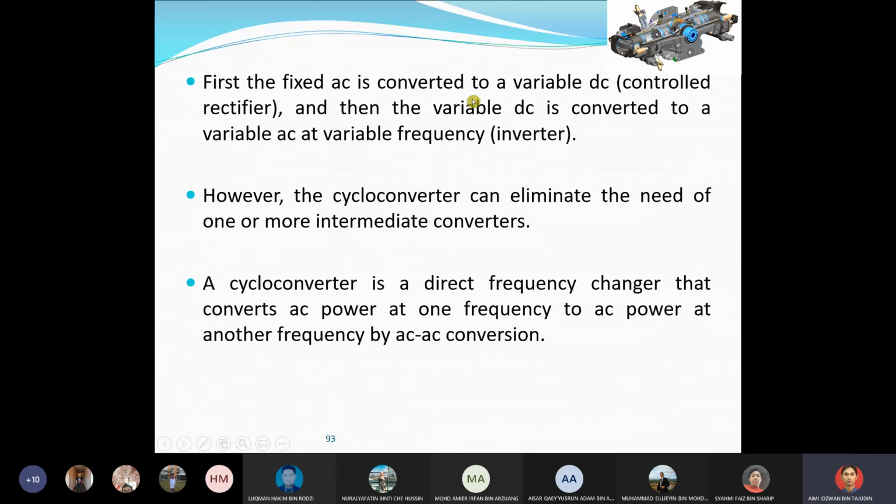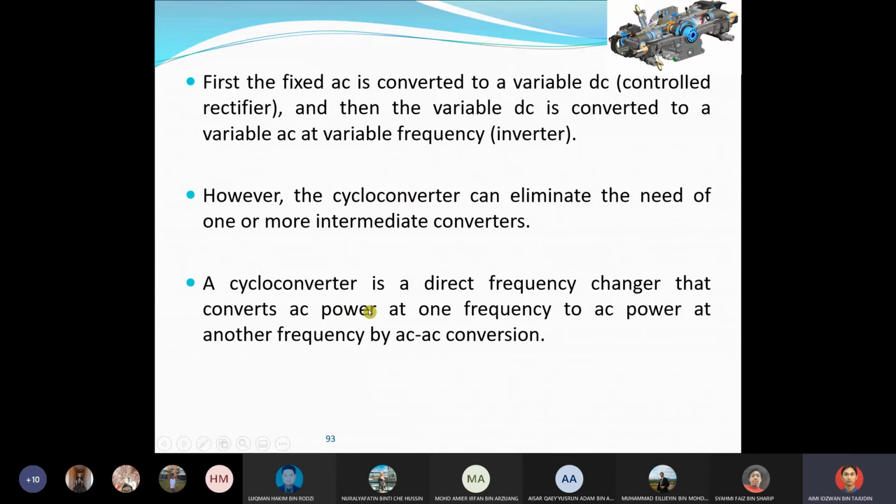Okay, first the fixed AC is converted to a variable DC. And then the variable DC is converted to a variable AC at the variable frequency. Same as our inverter devices. However, the cycloconverter can eliminate the need for one or more intermediate converters. So using a cycloconverter, there is no need for a rectifier; it eliminates the first converter.